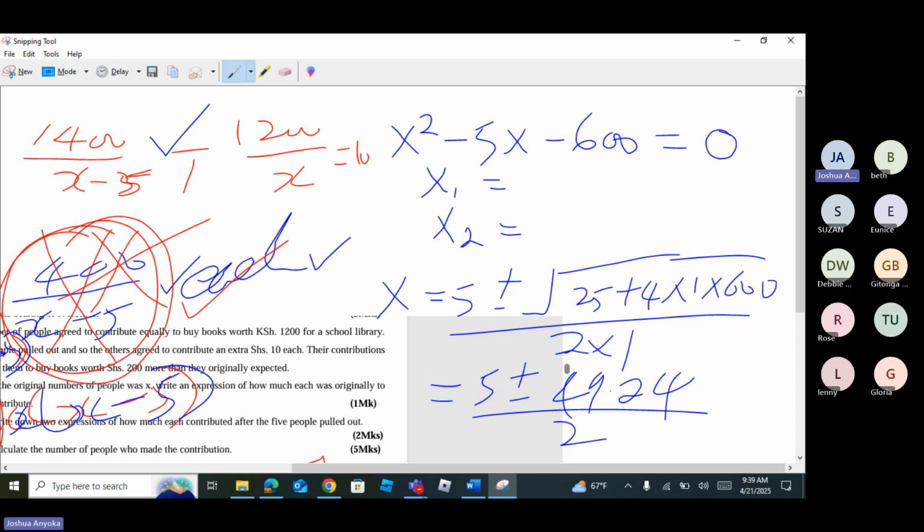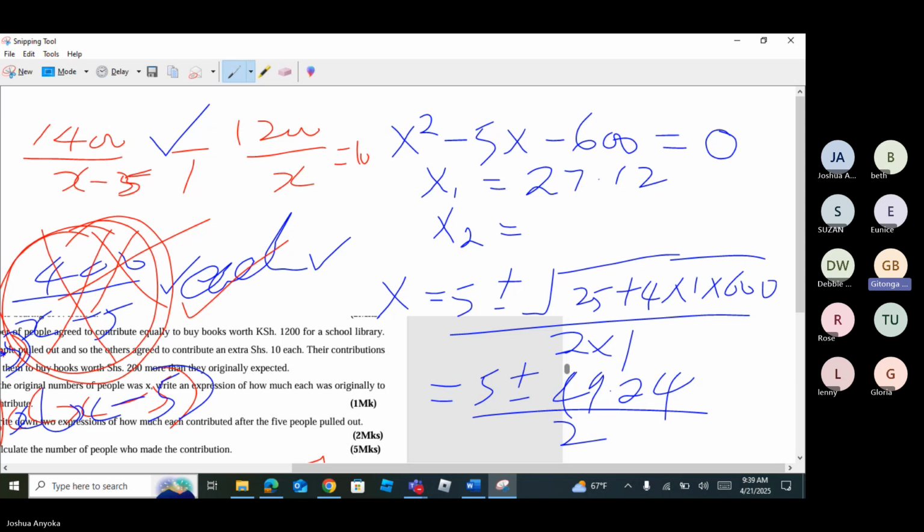Okay, let's work with what we have. So our first value of x will be 5 plus 49.24, then divide by 2. 27.12.